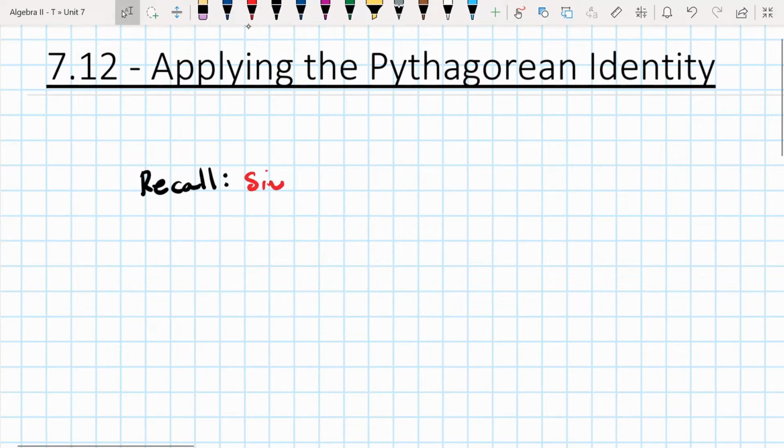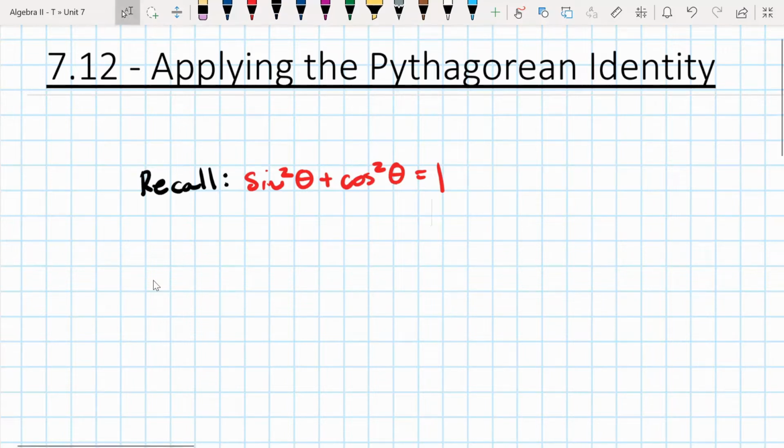From last class, we know that sine squared theta plus cosine squared theta is equal to 1. Okay, this is the Pythagorean identity. It is derived from the Pythagorean theorem on the unit circle.